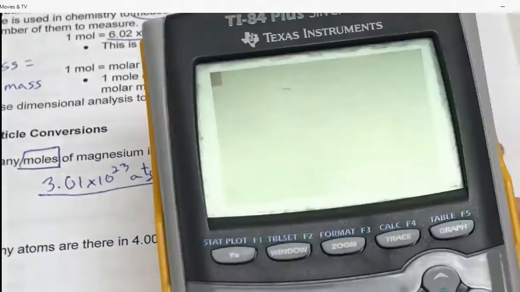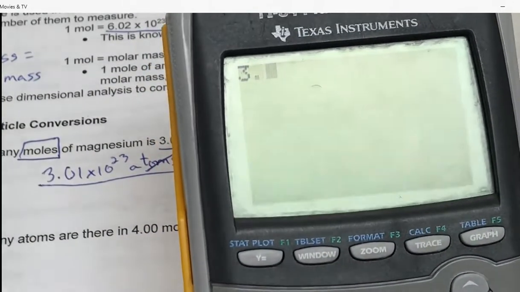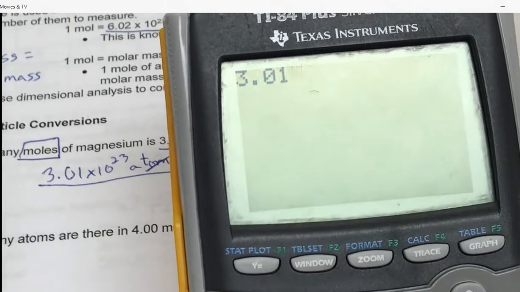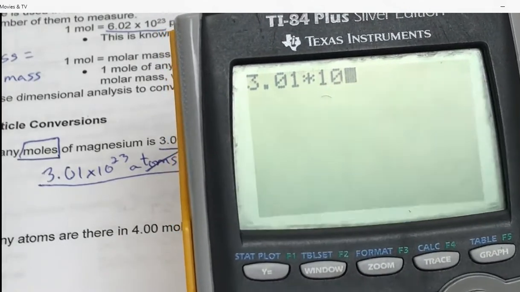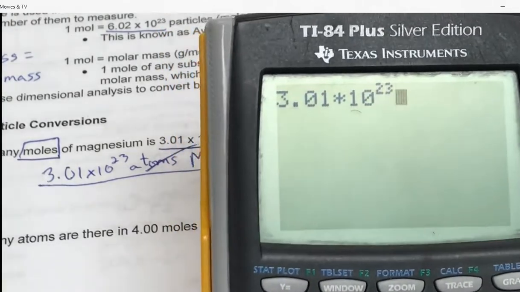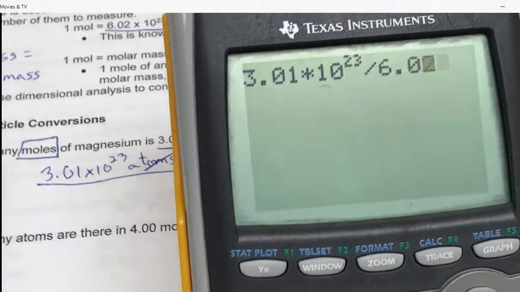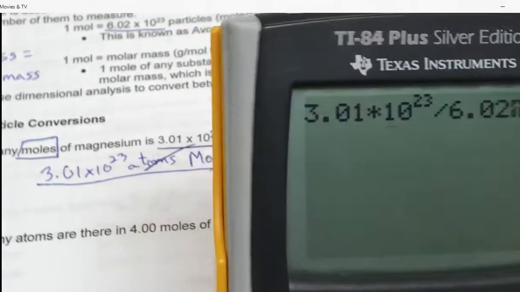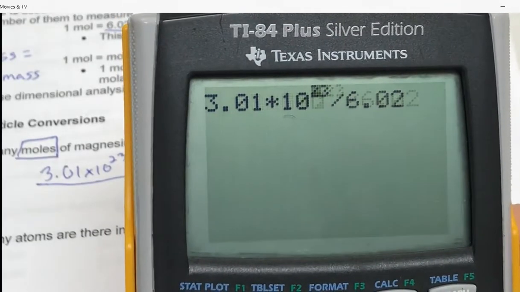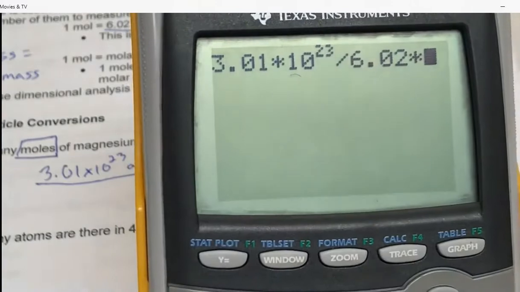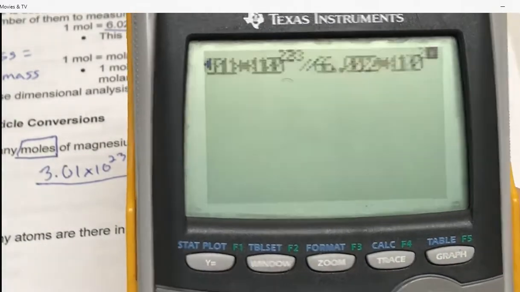Now I want you to be careful in the calculator, because when you enter it in, 3.01, a lot of you like to use times 10 caret 23rd. And if you forget your parentheses, watch what's going to happen here. Divided by 6.02 times 10 to the 23rd.